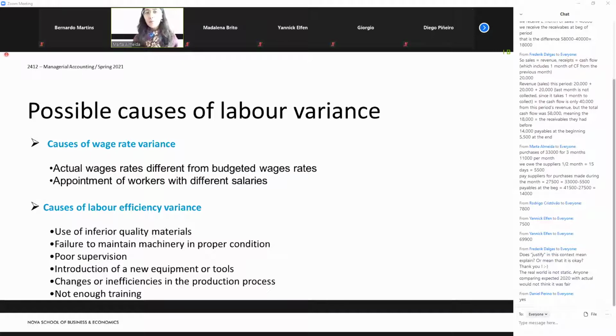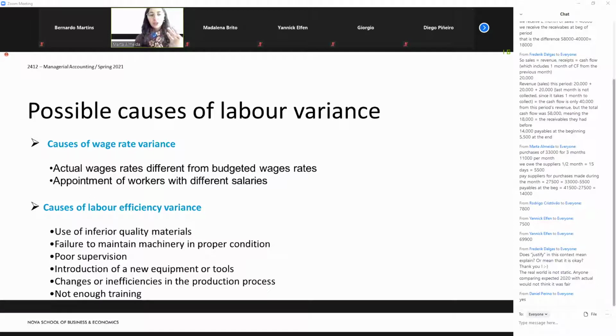There was maybe poor supervision and therefore employees were not as efficient, or there was new equipment in the production process that the employees were not used to working with, and therefore they were not as efficient as before because there was no training on that equipment.